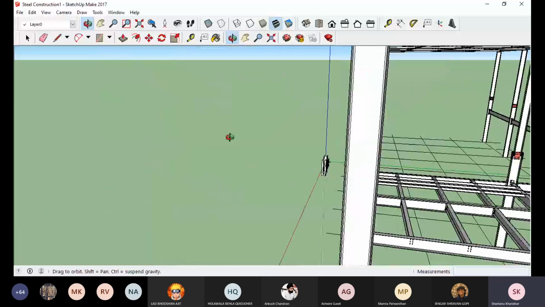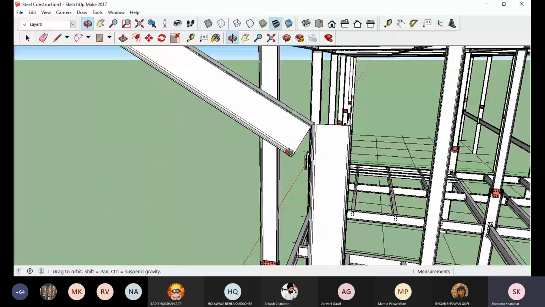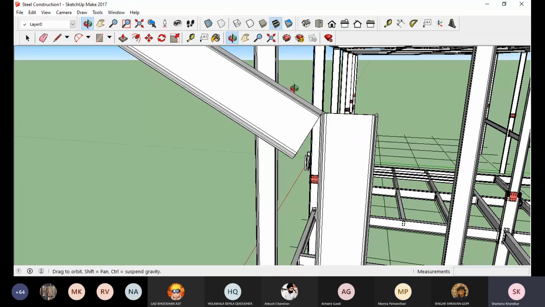Now in this particular case, what I would do is cut this angle section in this way.